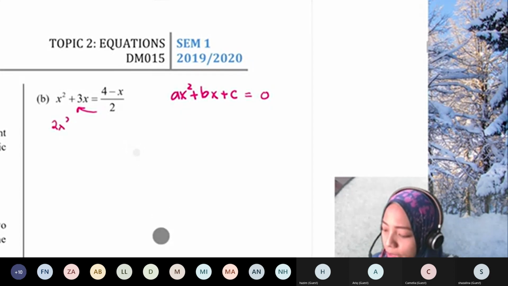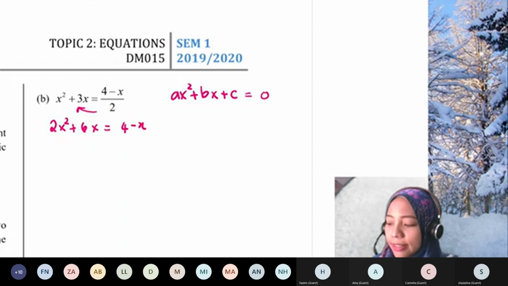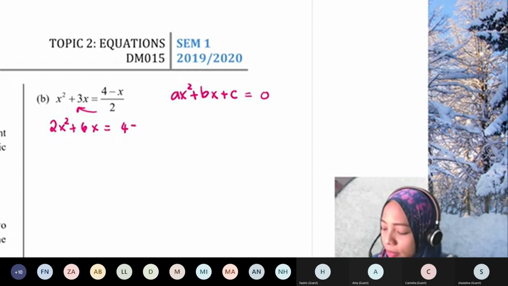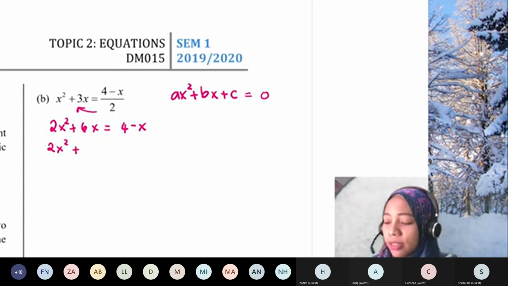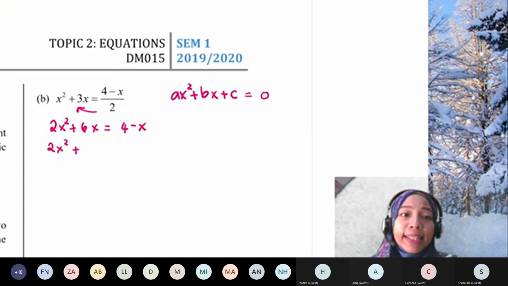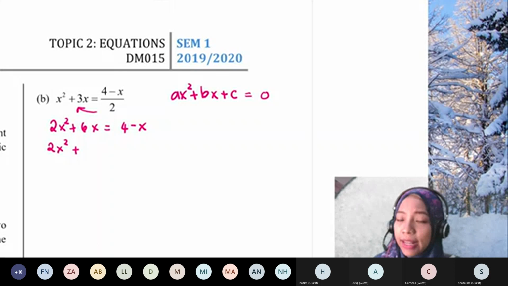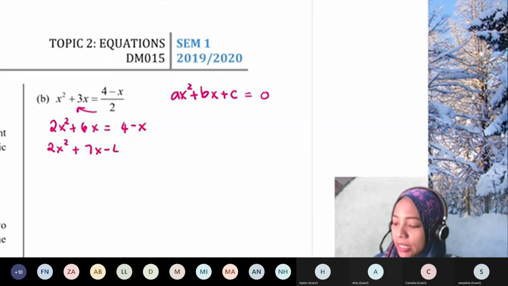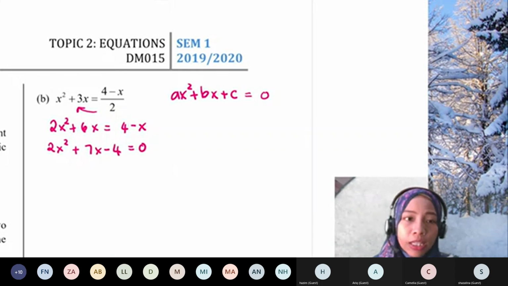So 2x square plus 6x equals to 4 minus x. And then you bring everything to the left, 2x square, 6 plus x becoming 7x, minus 4 equals to 0.